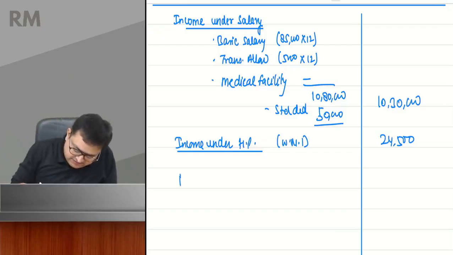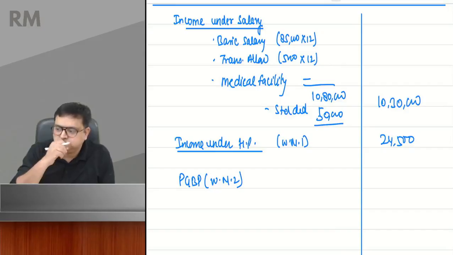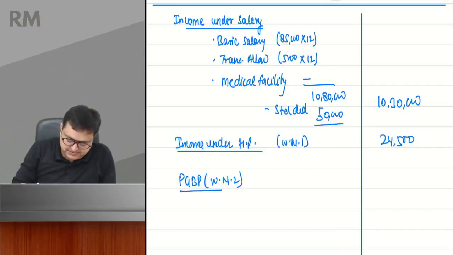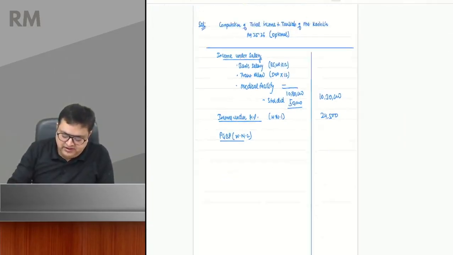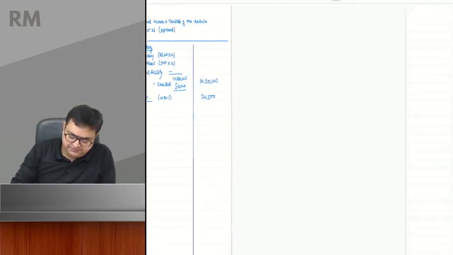Then we have PGBP. For PGBP, we will make working note number 2. Let us do PGBP on the next page. Working note number 2.